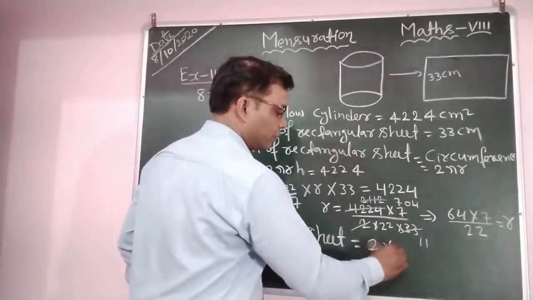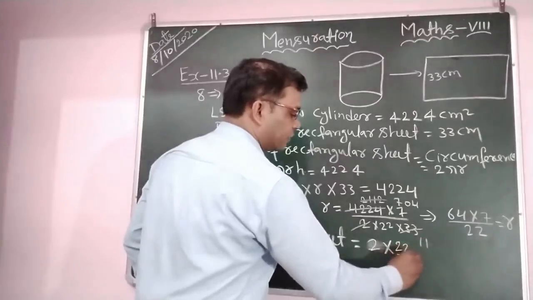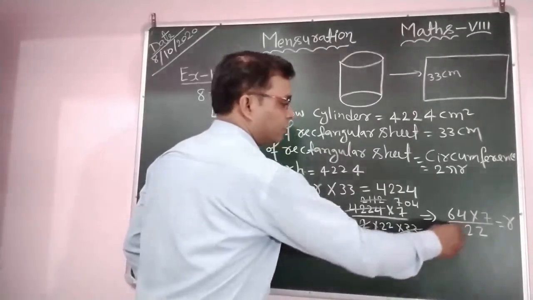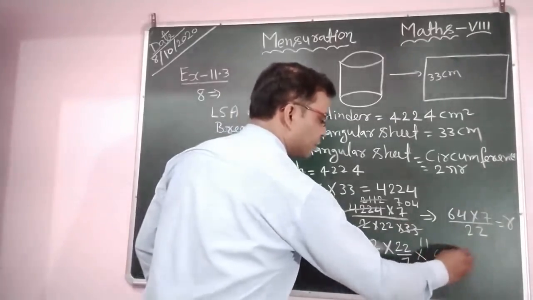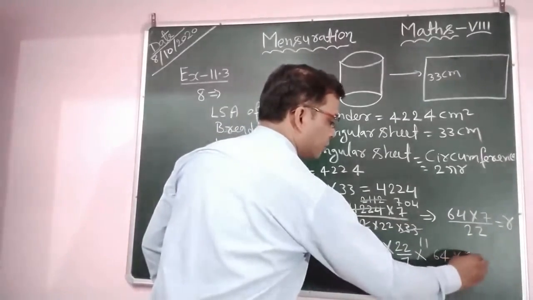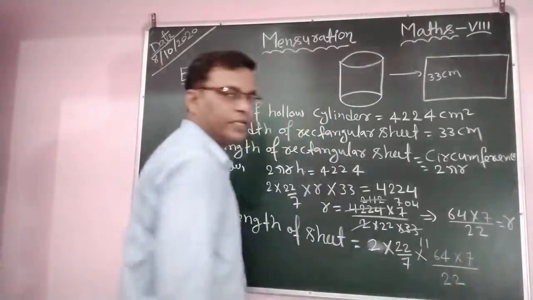2 into pi, which is 22 by 7, into r. Here we find what r is: 64 into 7 by 22. This is the value of r.